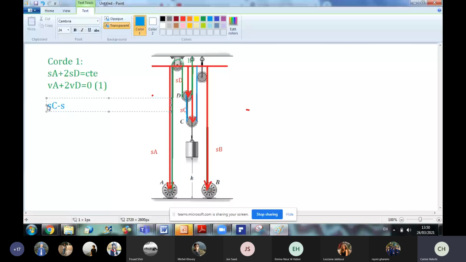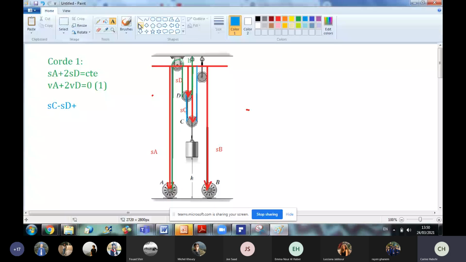plus, now here, of course, I have a constant part. When going over the pulley, it's a constant, so I will put it with the constant. Then when moving from this point to this one, this is S of C. So I will add plus S of C now.